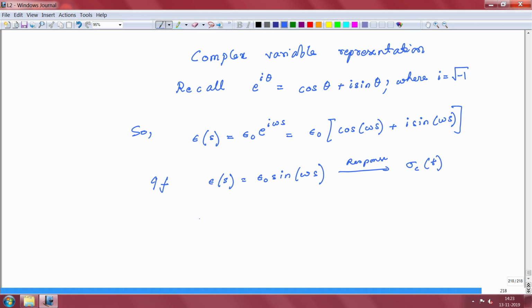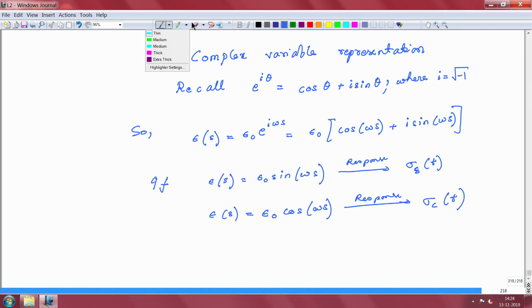And if you have the input as a cosine function, let us write s for sine function and let us write c for cosine, okay. That will help us distinguish. Then the response is some sigma c of t. S for sine, C for cosine.